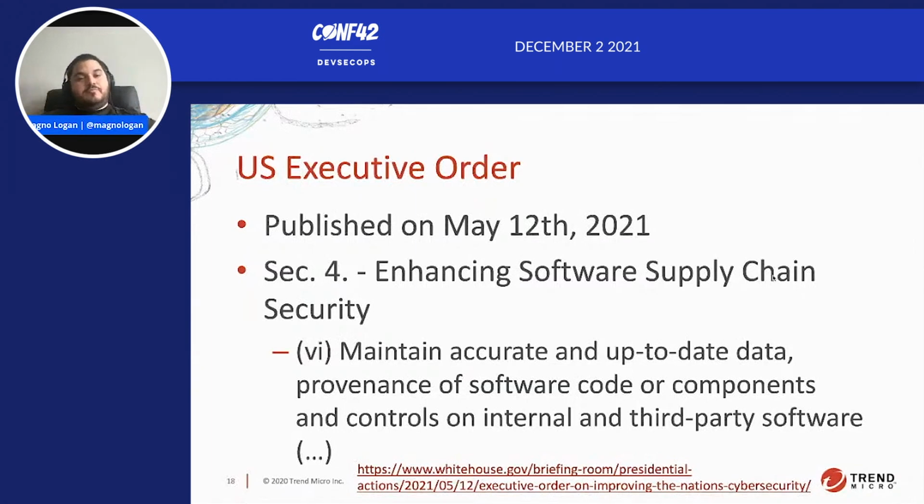It talks about maintaining accurate and up-to-date provenance of software code and components, which is basically software composition analysis and software supply chain security. So if you're an organization that sells software or intends to sell software to the US government, you need to be aware of that executive order and focus on the supply chain as well.